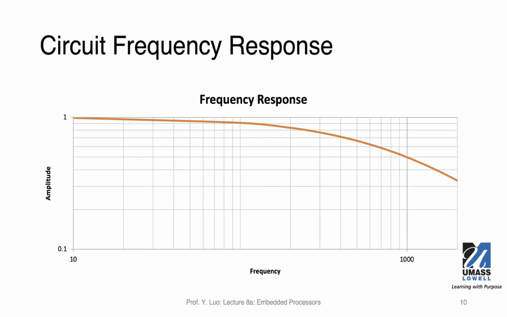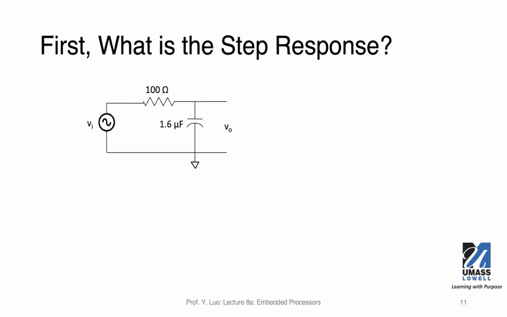So this is the frequency we call the cutoff frequency. Beyond this point, the output signal will be greatly dampened or reduced. So this is the result of this low-pass filter.